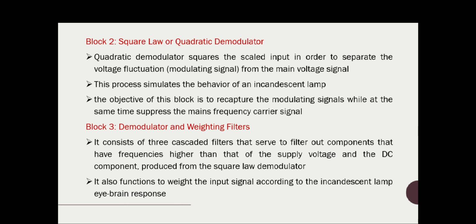The objective of this block is to recapture the modulating signals while at the same time suppressing the main frequency carrier signal.